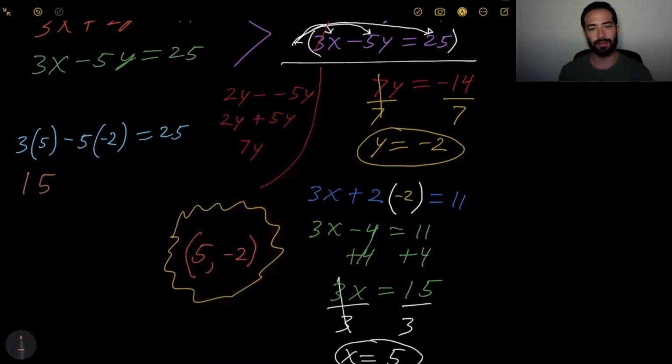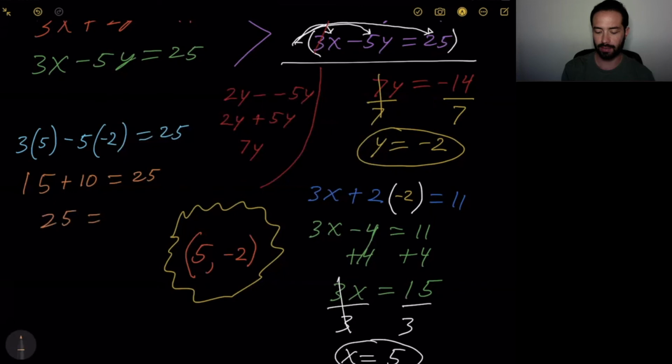Now, here's where you have to be careful. This doesn't say 5 times negative 2, it says negative 5 times negative 2. And that is positive 10 equals 25. So then you just finish it off by doing 25 equals 25. Boom. And there it is, checked off. 25 equals 25. So that worked, but we are not at 100% correct yet.